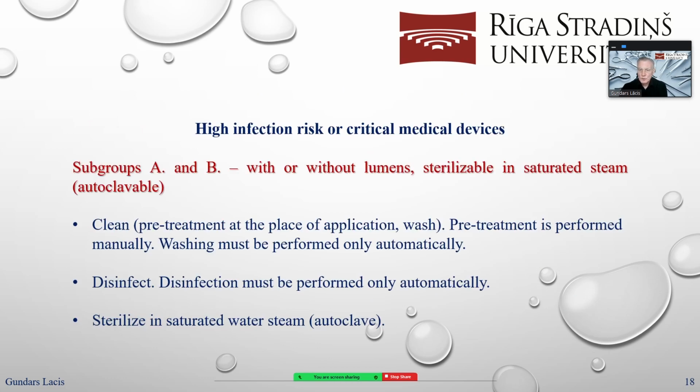So, subgroups A and B, with or without lumens, but it's possible to autoclave. Point 1. Cleaning. Pre-treatment at the place of application, it will be really good. Washing always proceeds in CSSDs, which means central sterile supply departments.